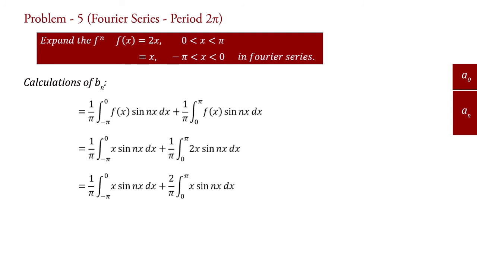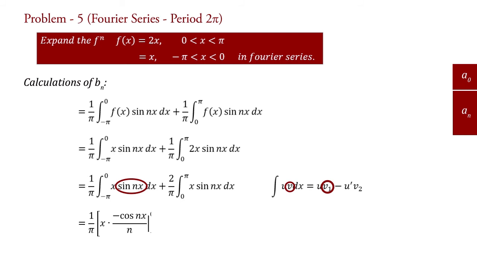Now for integration, we will use the formula of integration by parts, that is integral uv dx equal to u v1 minus u dash v2. If we compare this integral with this one, then here u equal to x and v equal to sin nx. So by applying this formula, we can write bn equal to 1 upon pi into here u equal to x, so we put x into v1, that is integration of v, and v equal to sin nx.